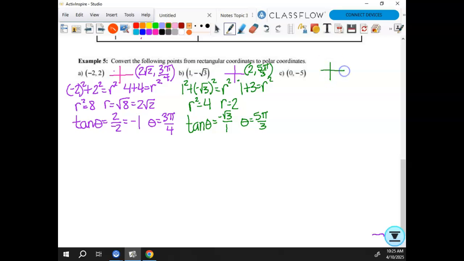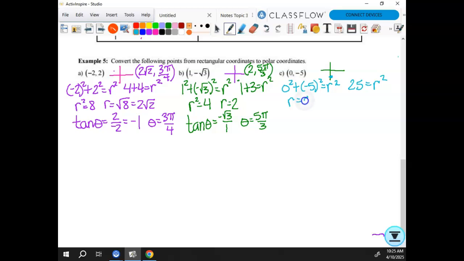Alrighty, on C, I've got 0, negative 5. So my point, pretend like it's on there. I can't. There we go. So 0 squared plus negative 5 squared equals r squared. So 25 equals r squared.